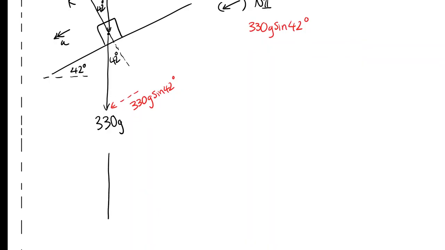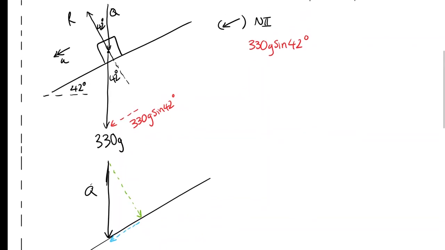So Q is like that, and then there's the surface. So that's Q. If we look at the parts of Q, there's a component of it that acts straight into the slope, and then there's a component that acts parallel to the slope and down. As it's parallel and down the slope, it's also positive in the equation. And we've got the angle of 42 degrees here.